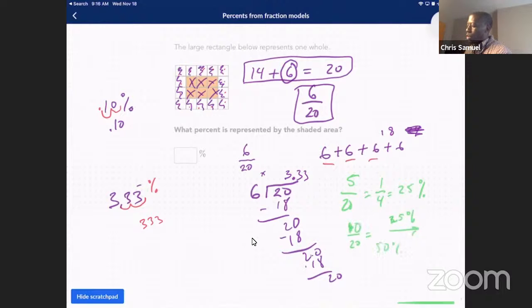So we know it's between 25 and 50%. That's a good assumption to make. So 6/20 has to be somewhere around there.